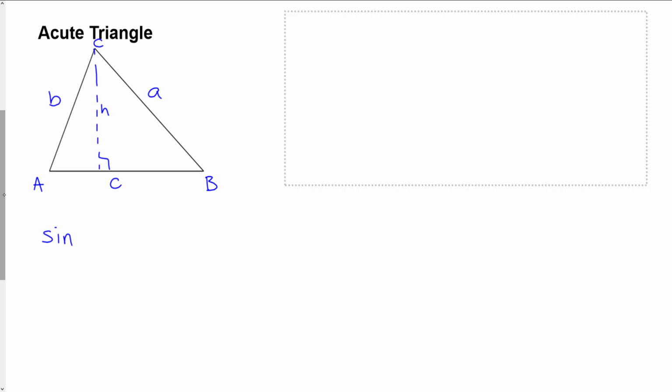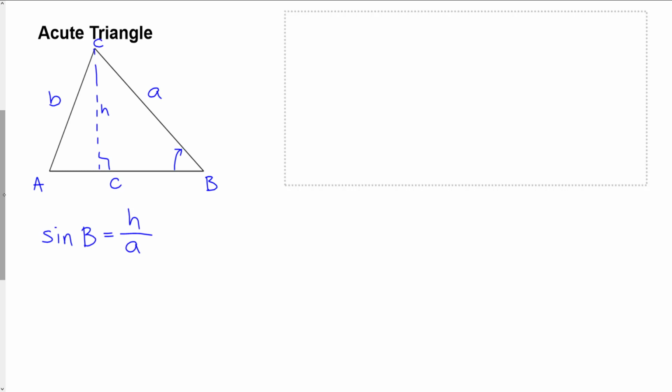I could say, for instance, the sine of angle B. Well, we know the sine to be the opposite side over the hypotenuse. So for angle measure B, in the right triangle that I have to work with, the opposite side to angle B is h, and the hypotenuse would then be a.